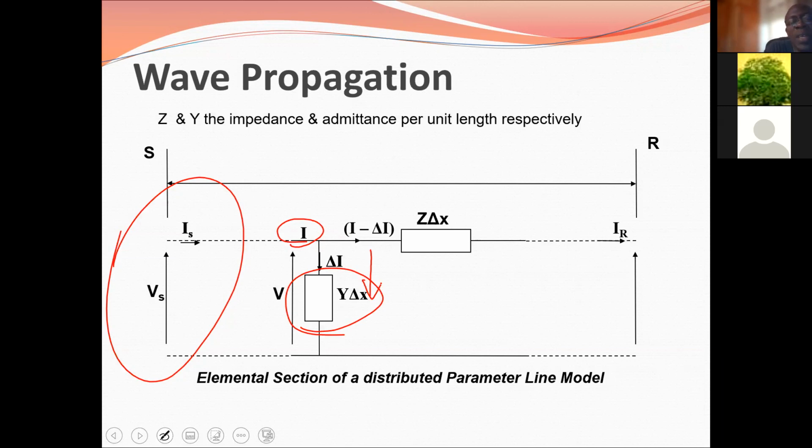It means, therefore, using Kirchhoff's current law, the resultant current will continue along the series element. So if the current that goes through the admittance as a result of that parallel connection is delta I, then what will continue is I minus delta I.